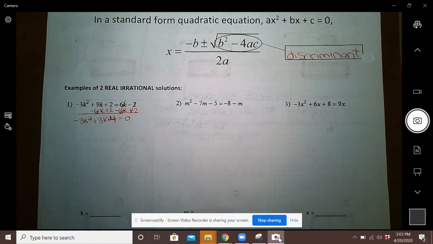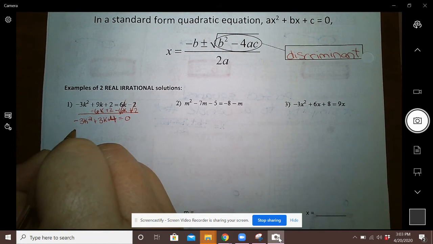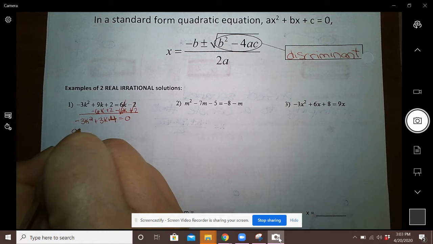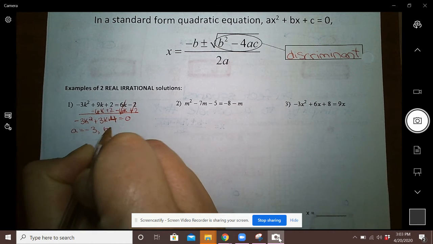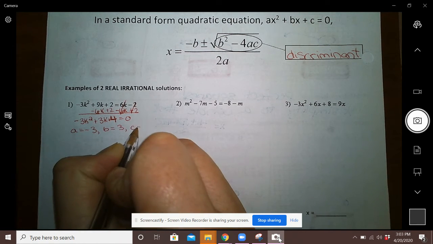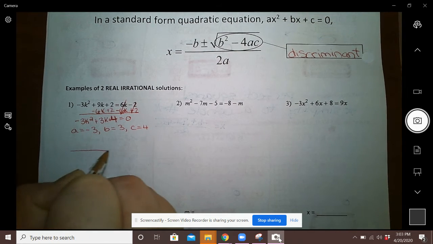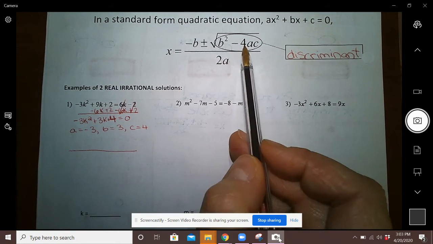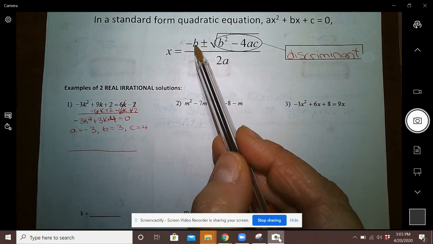Okay, so now it's really easy for me to identify what the a, b, and c are in the formula. A is negative 3, b is positive 3, and c is positive 4. Put everything in the right position in the formula. This calls for negative b.